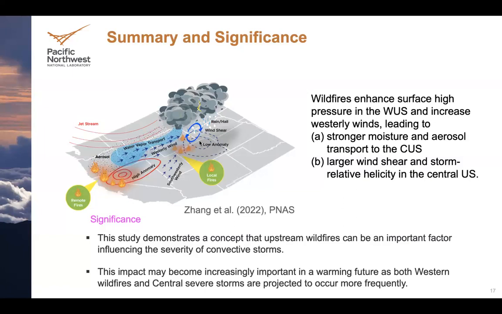The significance is that this study demonstrates a concept that upstream wildfires can be an important factor influencing the severity of convective storms.